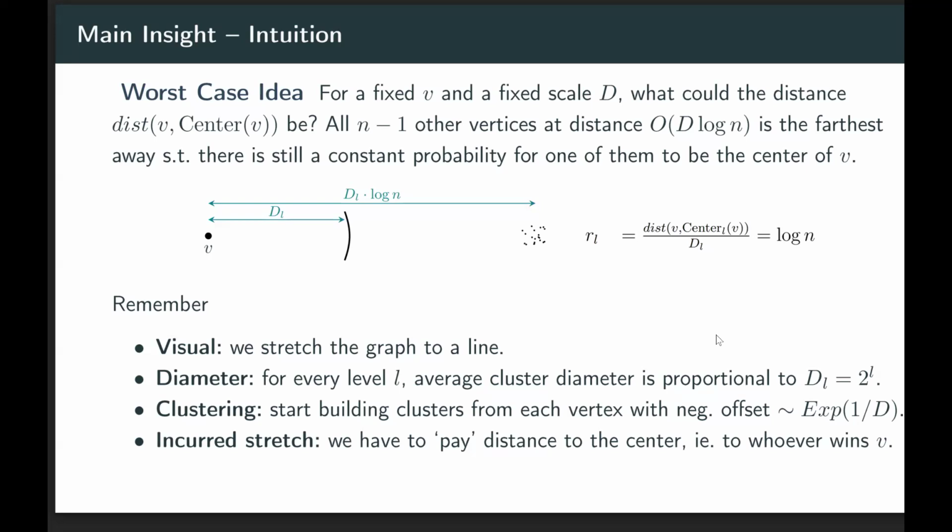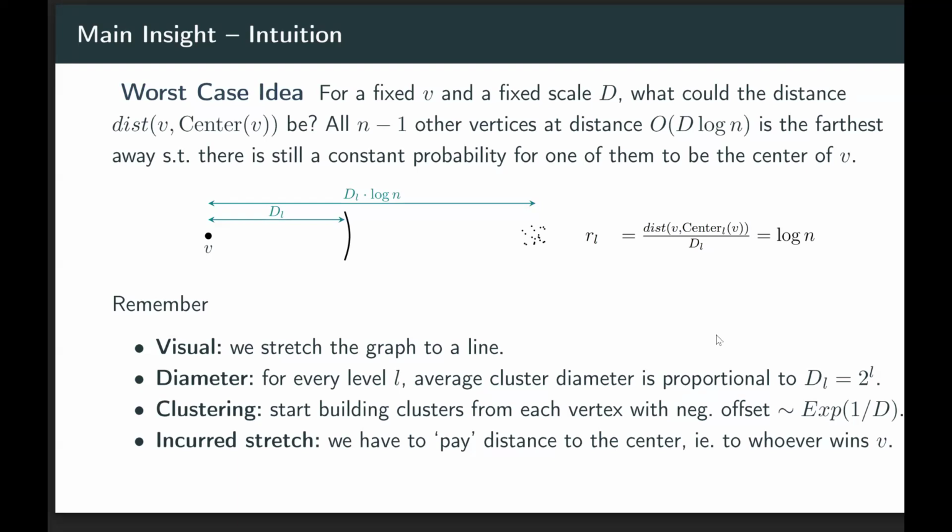So if you place them all at dl times log n away, then we have to pay a lot of this RL. RL is the distance away divided by dl, so you divide by the mean cluster diameter in this level.